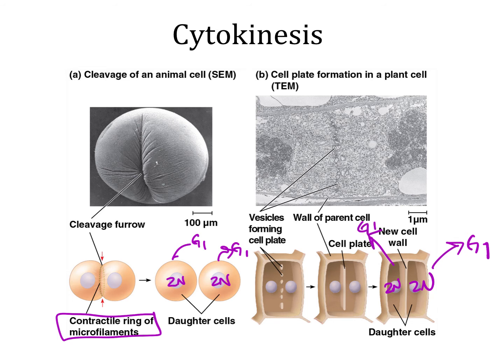Okay? Do you have any questions about the mechanics of mitosis? You need to know what's happening at the cellular level for each phase. So that would be like, how do I know the cell I'm looking at is in this phase? By looking at it in a microscope. You also need to know what's happening at the molecular level, right?